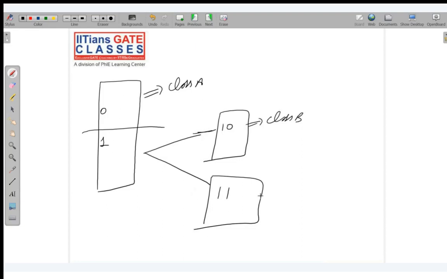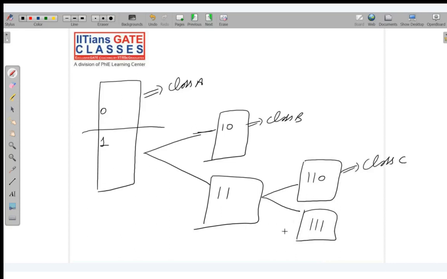So this 1 0 is given as class B. This 1 1 is again divided into two parts, 110 and 111. This 110 is given to class C. This 111 is divided into two parts, 1110 and next will obviously be 1111.